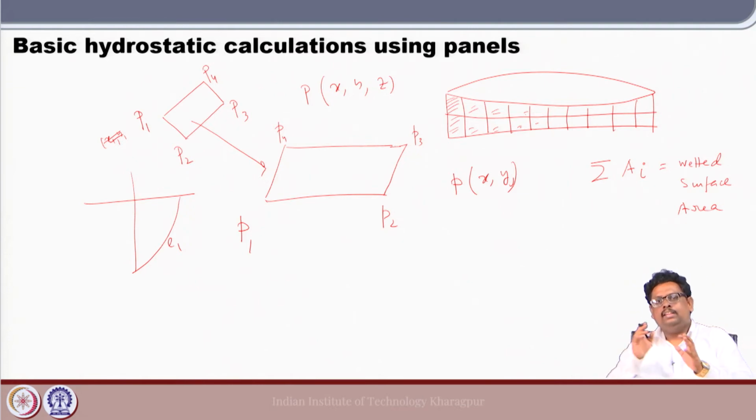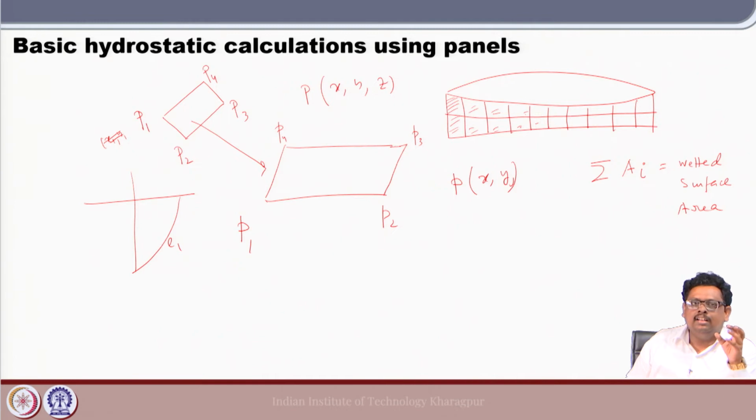However, once you have the panel, it is simple, I just try to find out the panel area. Then I do this integration or the summation, and I will get the weighted surface. Now, this is one, how I get the panel area.